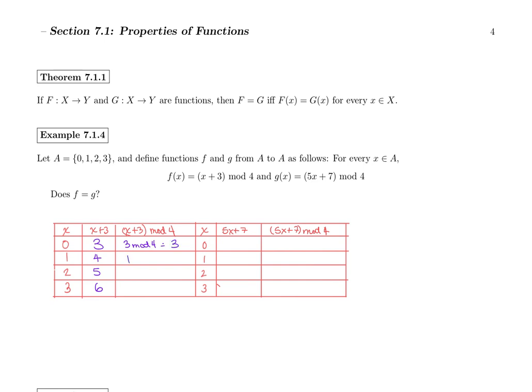If I do 4 mod 4, 4 times 1 equals 4 with no remainder, so my mod is 0. 5 mod 4 is 4 times 1 plus 1, so I have a remainder of 1. And 6 mod 4 is going to be 4 times 1 plus 2, so our remainder is 2.